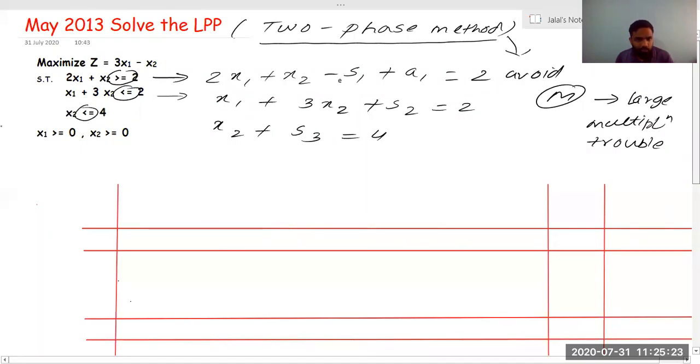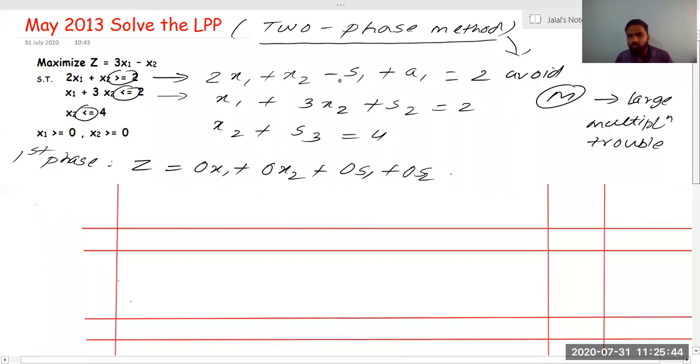Now, how does a two-phase happen? Two phases, like we solve the question in two phases. So what I'll do is I'll introduce the first phase to you. In first phase, we consider the Z to be 0x1 plus 0x2 plus 0s1 plus 0s2 plus 0s3.